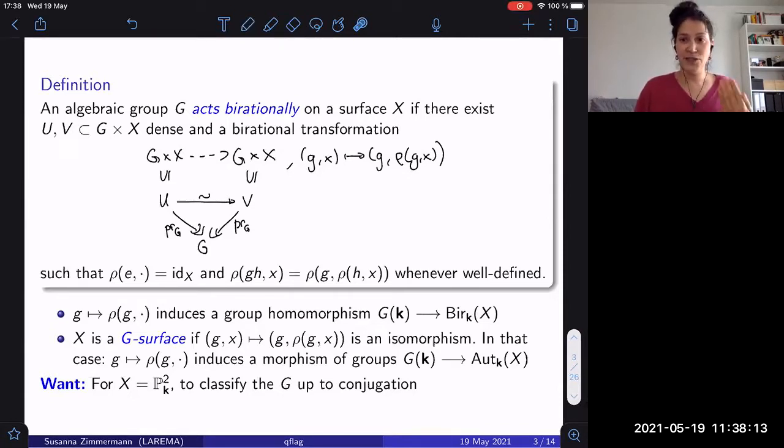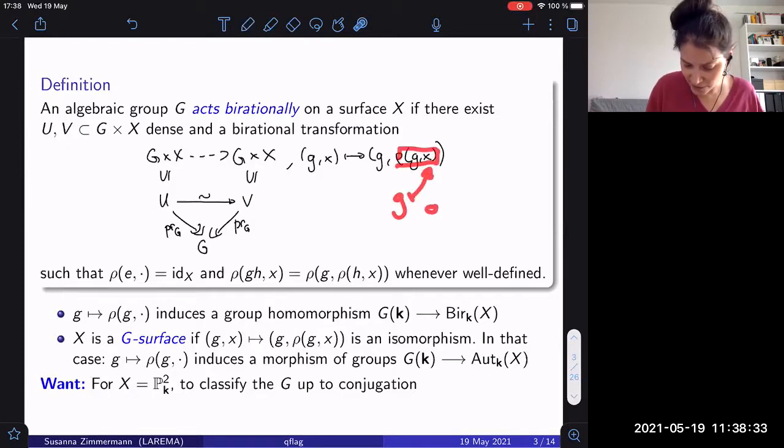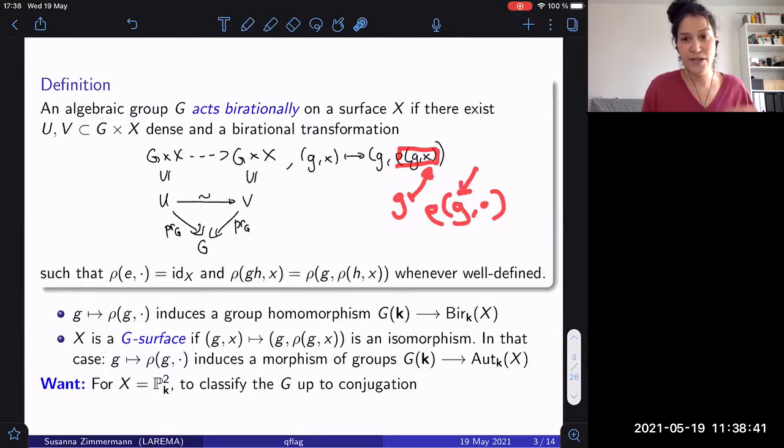When I say G a group, the group may have elements that are not rational elements. If the element g is a rational element of the group G, it acts as a birational map defined over my base field.